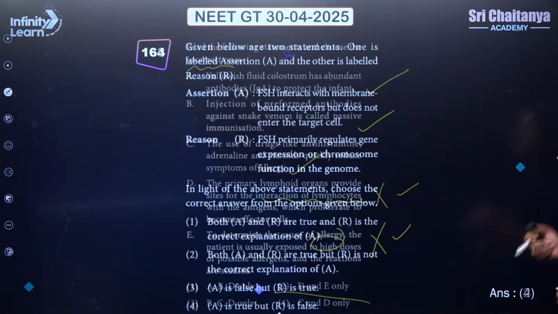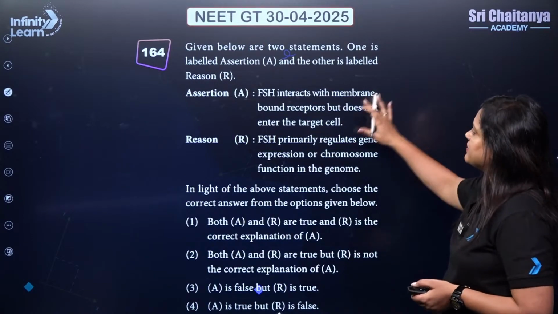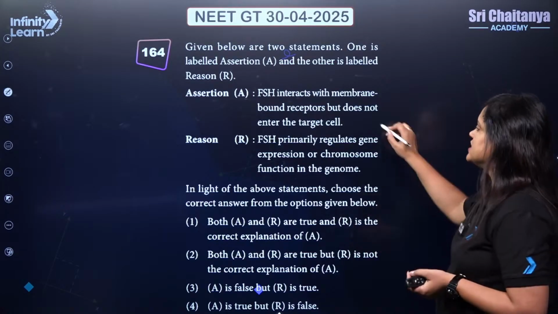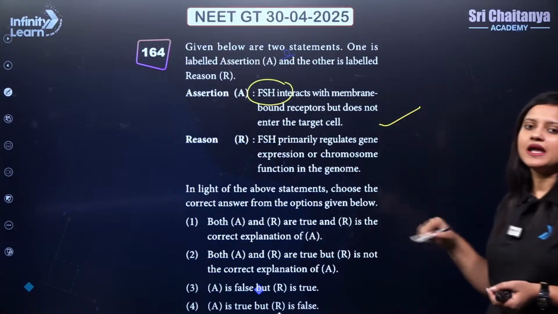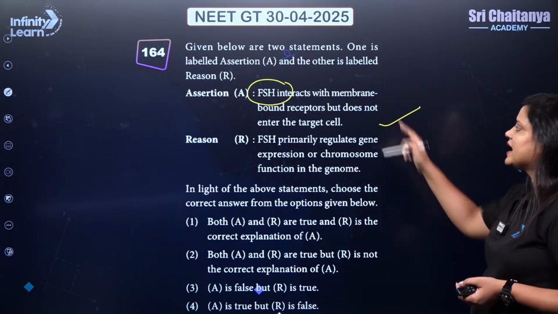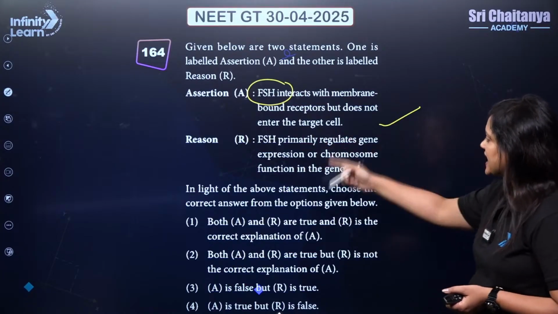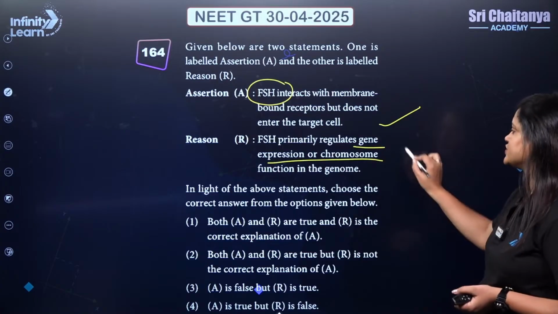Okay. Next. So we have FSH interacts with the membrane bound receptor but does not enter the target cell. Yes. So FSH is a protein or a glycoprotein hormone secreted by anterior pituitary gland and it binds to the membrane receptor. Now FSH primarily regulates the gene expression or chromosome function in the genome.